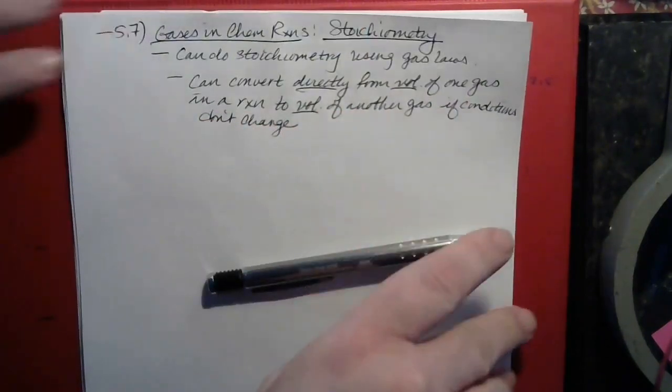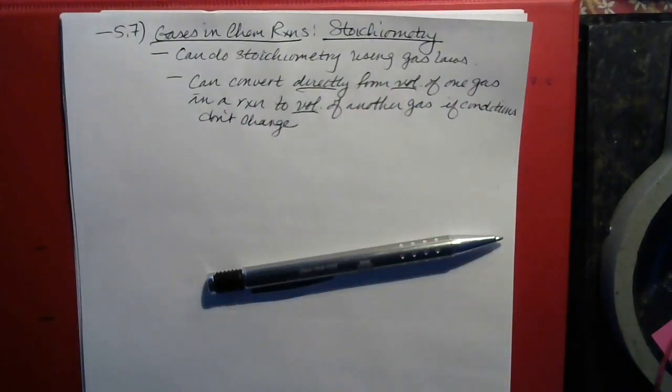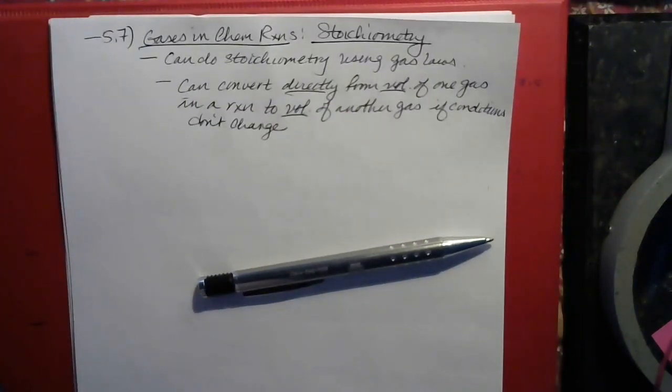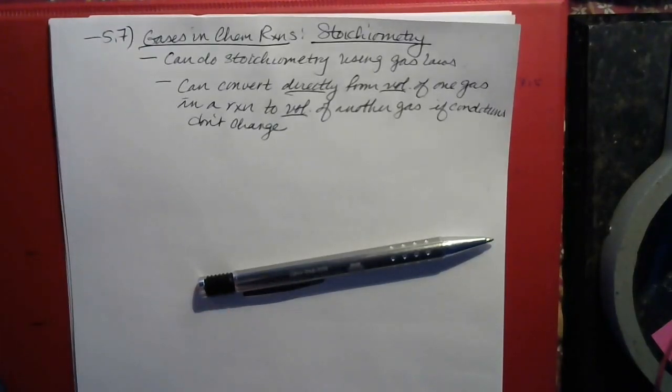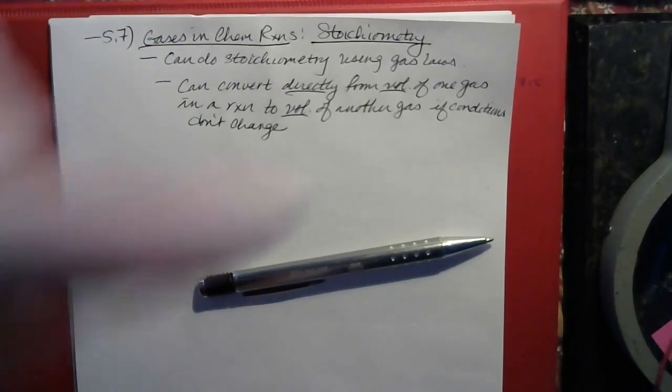And I know that I've been emphasizing so far that when you're dealing with solids or liquids or solutions, you cannot convert directly from mass of one thing to mass of another, or volume of one thing to volume of another, for say solutions. But you can do that with gases.